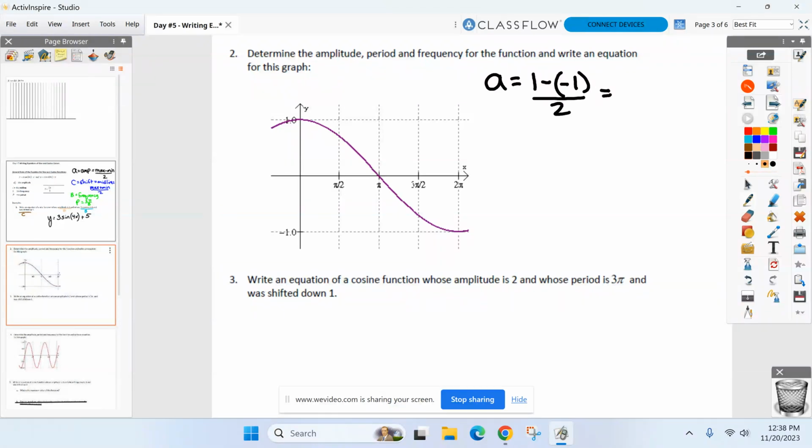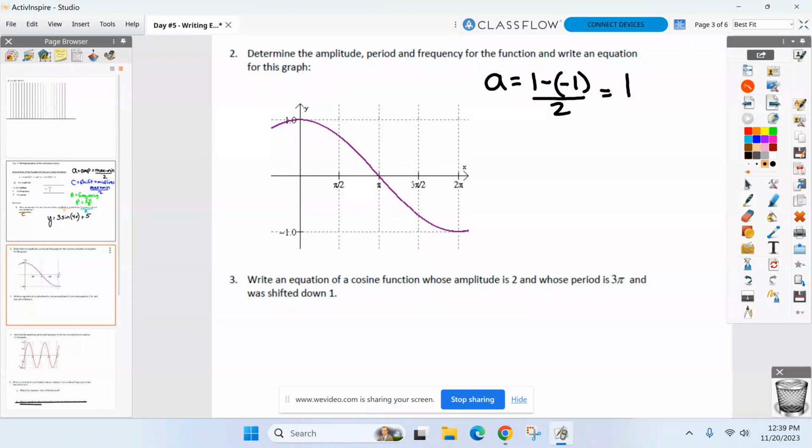If you need your calculator, go ahead. And that would be, my A value should be 1. Everyone agree? 1.